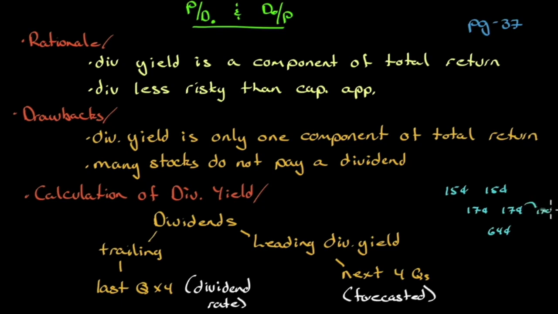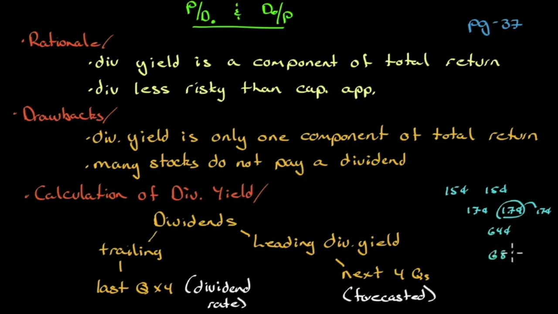17 cents. So we want to look not at the dividends that were paid, but at the dividend rate that it was paid at. Well, it was paid at a rate of 17 because that's what we would expect going forward is the 17 cents. You're not going to reproduce 15, 15, 17, 17. The next one will be, if it's going to increase, it'll increase, but it'll increase from 17. So we take the last quarter dividend only and multiply that by 4.